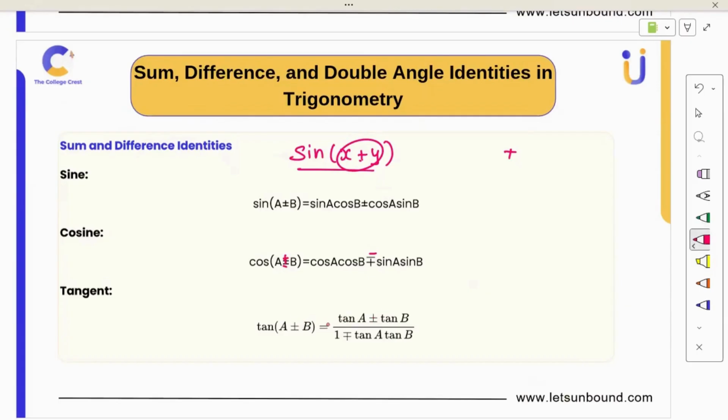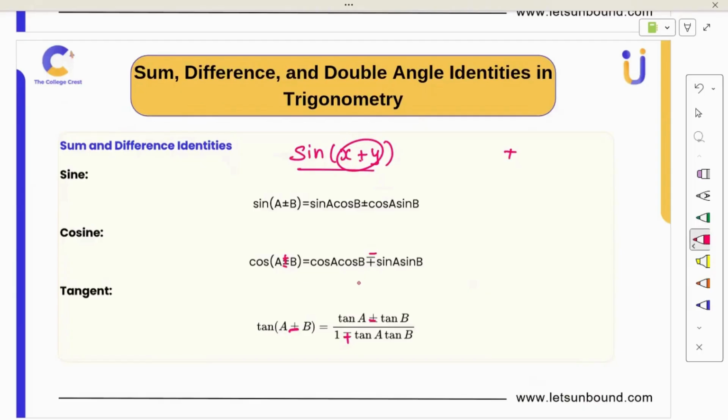Tan of A plus B means numerator tan A plus tan B divided by 1 minus tan A into tan B. Numerator plus, denominator minus. If you have a minus here, numerator minus, denominator will be plus. Right? So this is sine, cosine, tangent, and the sum or difference.